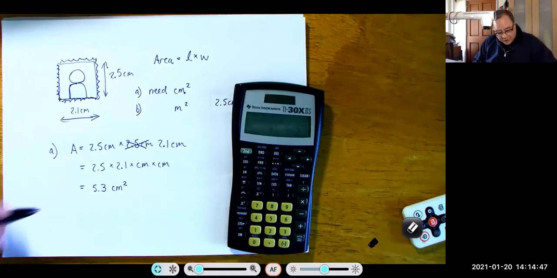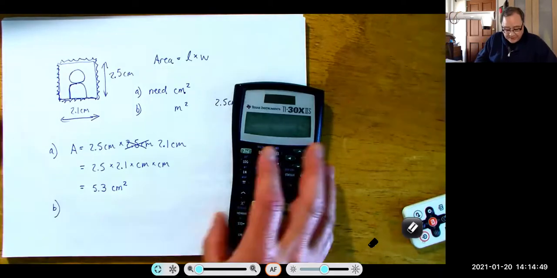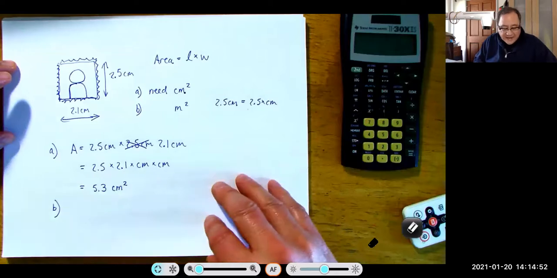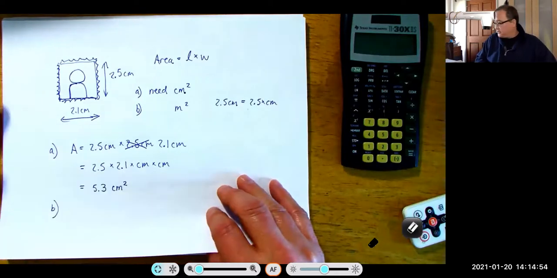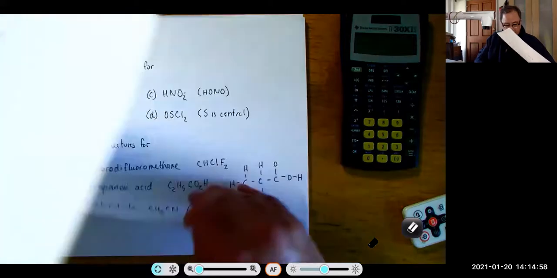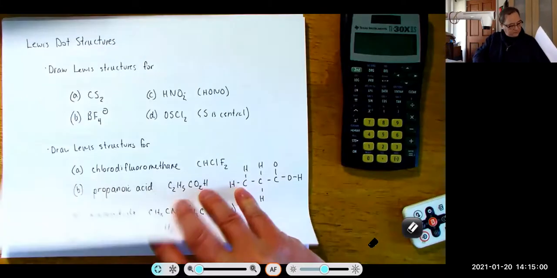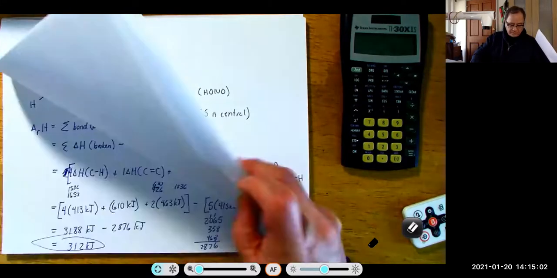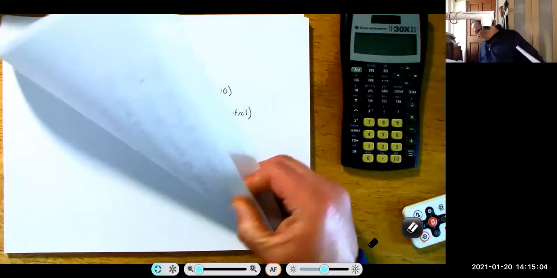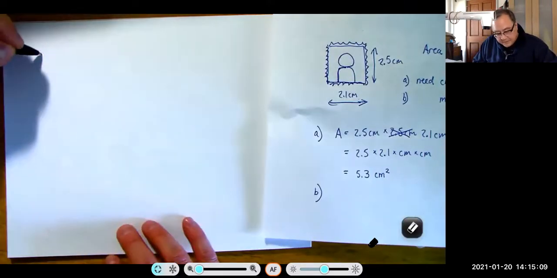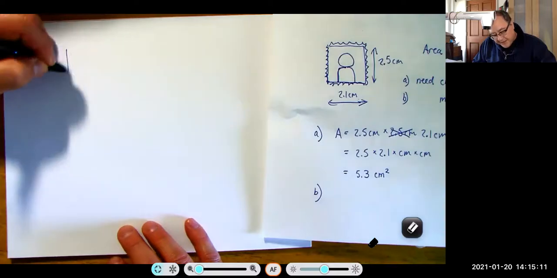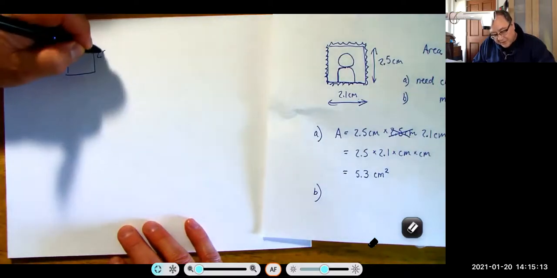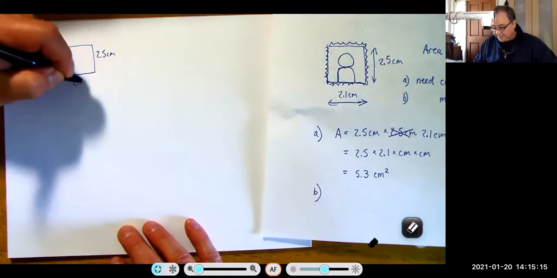Now for B, I'm going to show you a number of different ways to do it, but I'm going to show you the way that I think is the most efficient. So for B, here's my postage stamp, 2.5 centimeters, 2.1 centimeters.